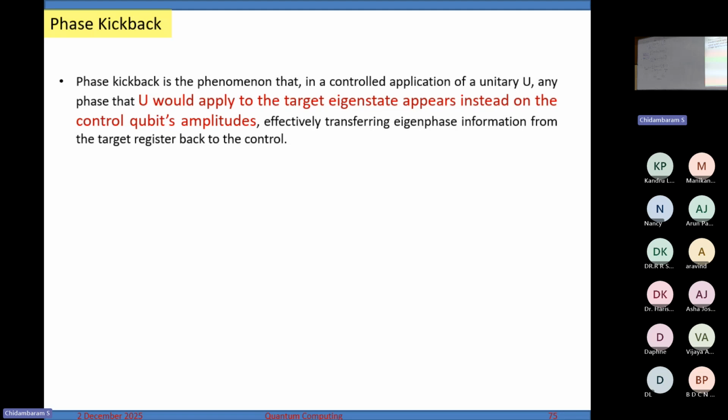Meaning the theory is developed, but there are no algorithms. In classical computing, for association and clustering, algorithms are there.